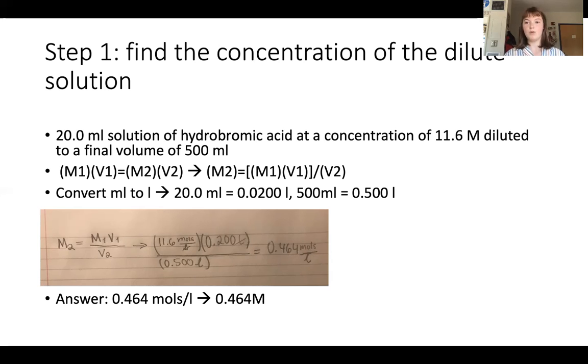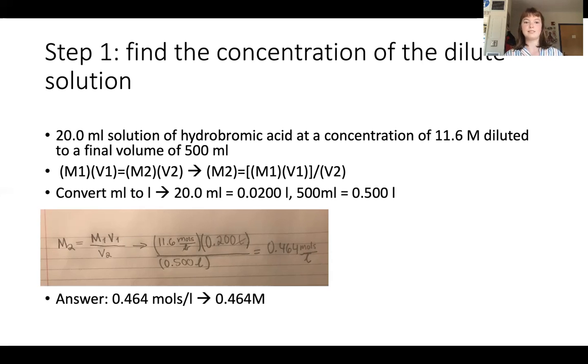So since molarity is measured in moles per liter, we want to convert the milliliters that is given in the problem to liters so that our units will cancel. 20.0 milliliters equals 0.0200 liters, and 500 milliliters equals 0.500 liters. Then we put those numbers into the equation.